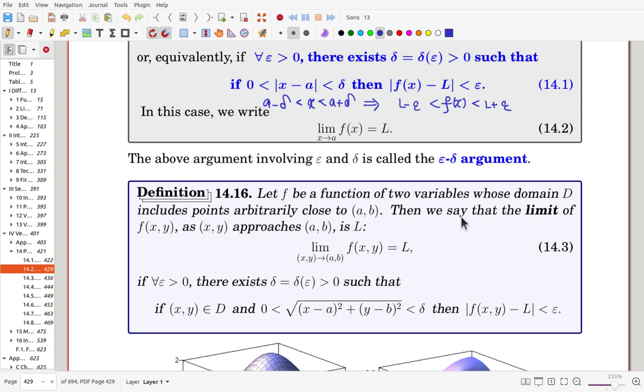Then we say that the limit of f of x, y as (x, y) approaches (a, b) is L, and we use the notation limit as (x, y) approaches (a, b) of f of x, y equals L. That is the notation if for any choice of epsilon positive, there exists delta positive such that if the distance between these two points is bounded by delta, then the distance between f of x, y and L is bounded by epsilon.